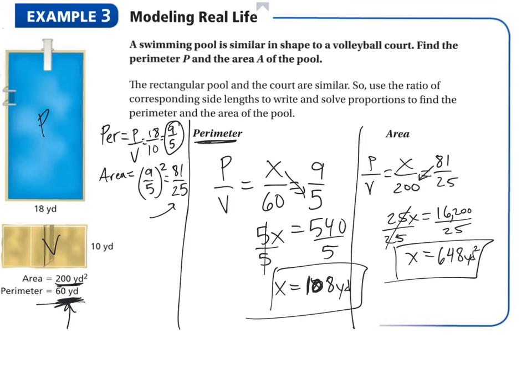This also holds true with circles. It also holds true with hexagons, with any of the other two-dimensional shapes. Their ratios do hold. But just remember, the perimeter has this single 9:5, but we have to square it for the area.